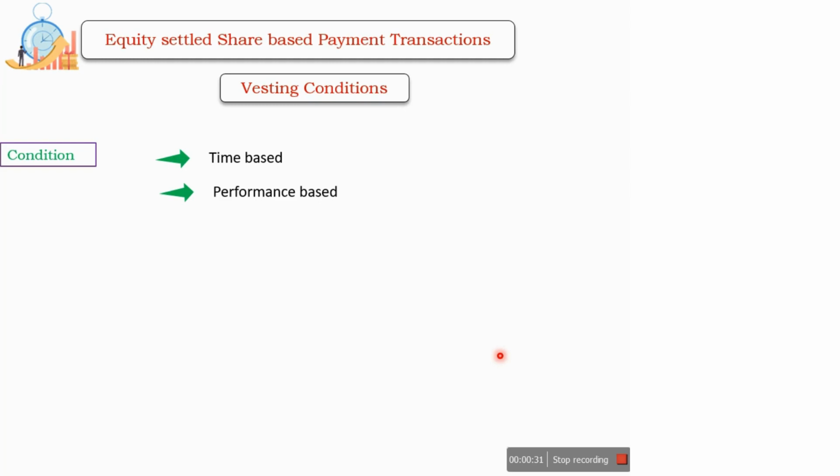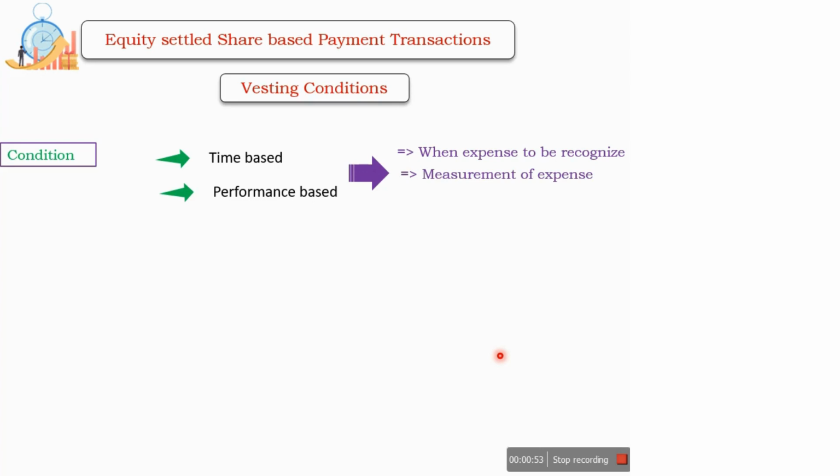These vesting conditions are important in share-based payment transactions, because based on meeting these conditions, it will be decided when the expense is to be recognized, which means the timing of the expense.